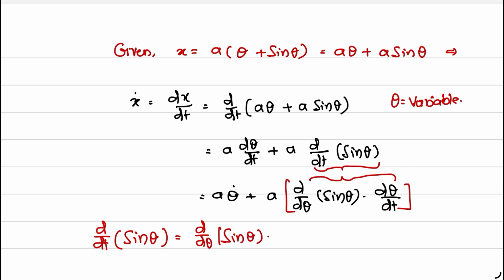If theta is a constant, it will become 0, but it is not a constant. With respect to time, theta is varying. d/d theta of sin theta into d theta/dt. Please understand this step. Very, very important step.